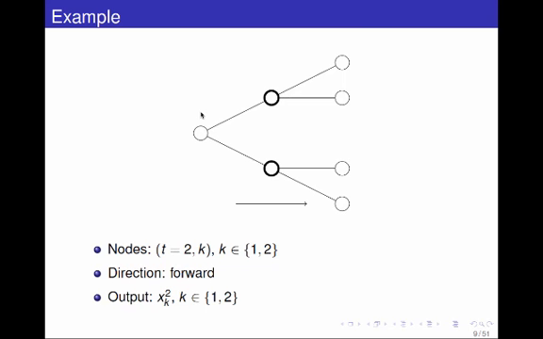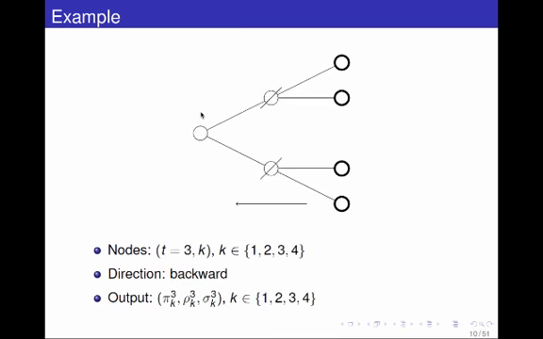Then we move to this NLDS here. Whatever x we get, we throw it to the next time period. And finally, we reach the bottom of the tree. And at this point, we change the direction in the algorithm and start moving backward.